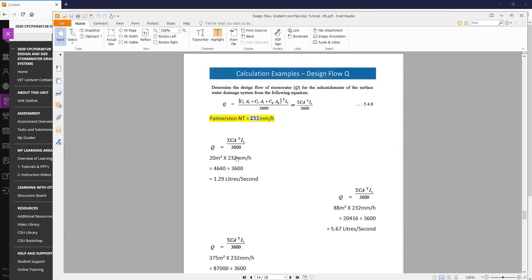We multiply that by the rainfall, which is 232 millimetres an hour, and we get 4,640. We then divide that by 3,600. That's what we're being told to do here. And that would give us a design flow of 1.29 litres per second.